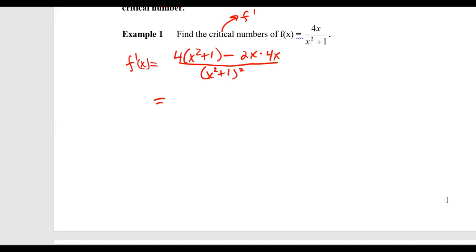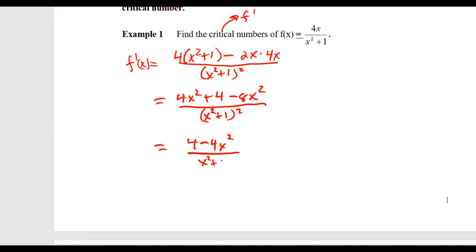We'll simplify this a little bit. So we have 4x squared plus 4 minus 8x squared, over x squared plus 1, squared. This becomes 4 minus 4x squared over x squared plus 1, squared. Once you have this derivative, you set it equal to 0.